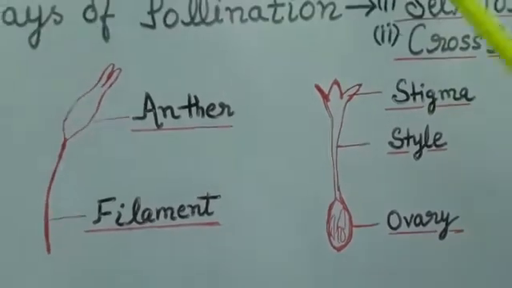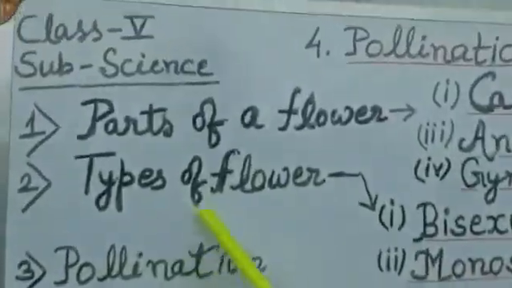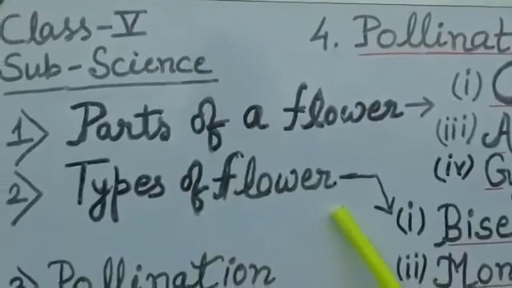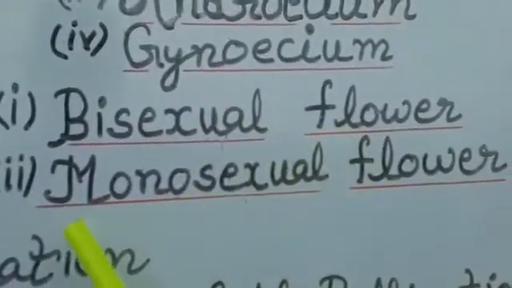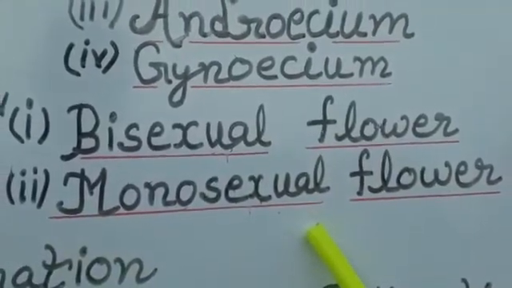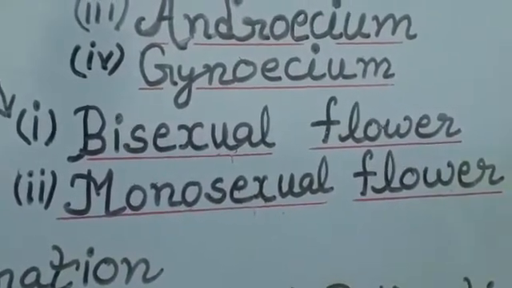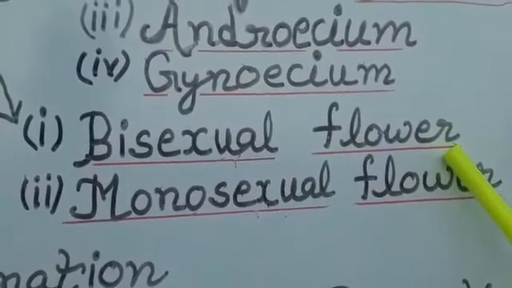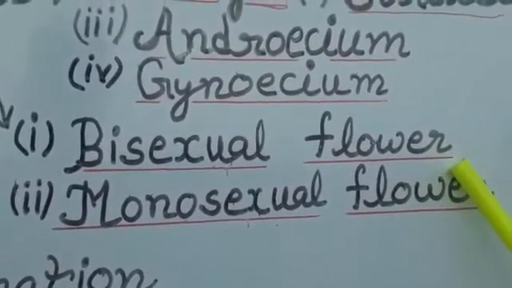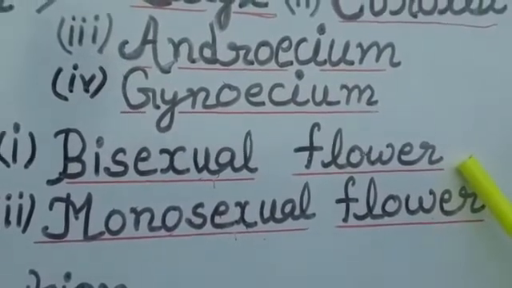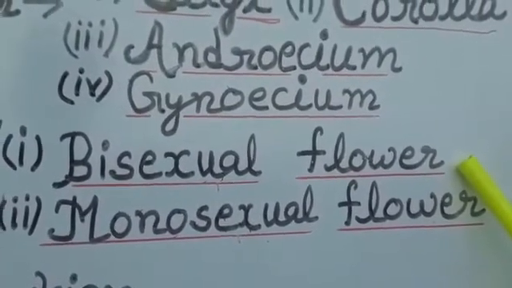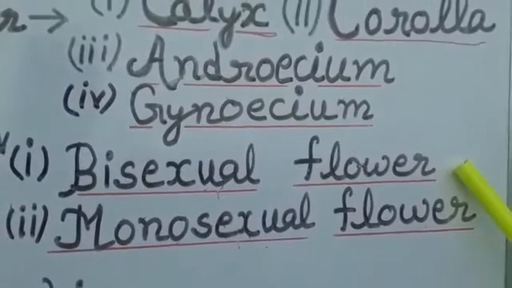The next point, that is types of flower. There are 2 types of flower. First, bisexual flower. Second, monosexual flower. In bisexual flower, in this type of flower, both stamen and pistils are present.